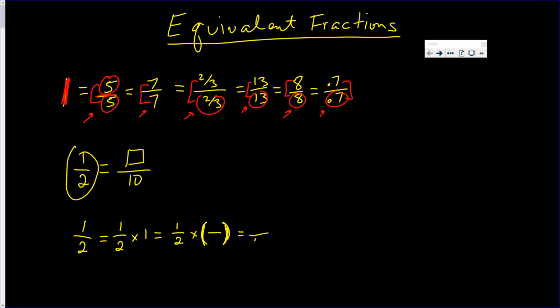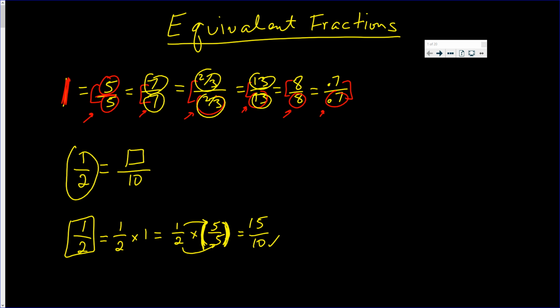Well, I want to get a 10 in the bottom. 2 times 5 will give me 10. Now, if this is going to be 1, like every other fraction, the top and the bottom have to be the same. The bottom's 5, so the top has to be 5. 1 times 5 is 5. These 2 fractions are equivalent. That just means they're equal.